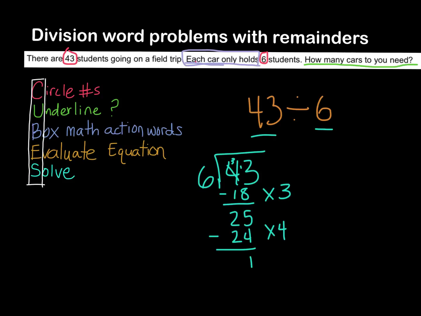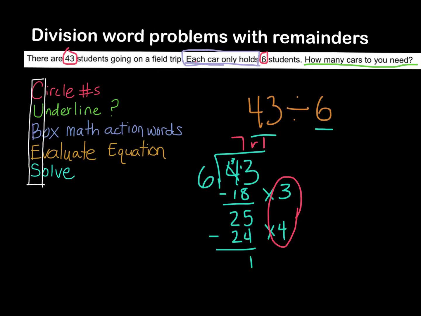I just need to put my answer in place, and I do that by adding up the multiples I used, which is 3 and 4 makes 7. And my remainder down there at the bottom, I have to put up here, of 1. So this division problem does have a remainder of 1.